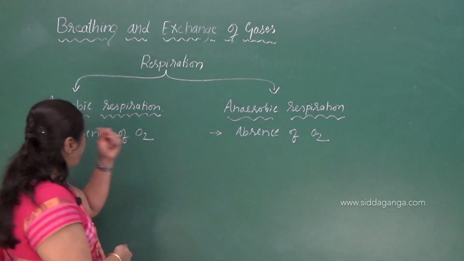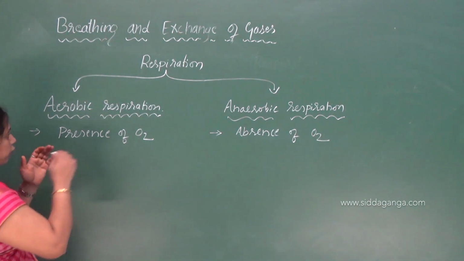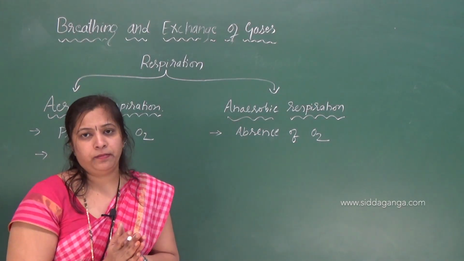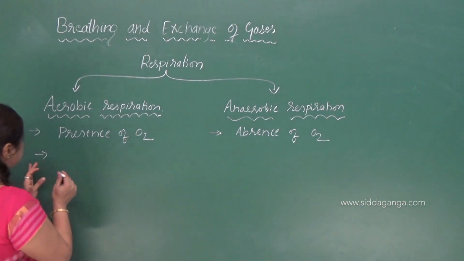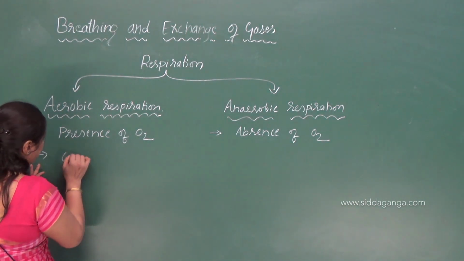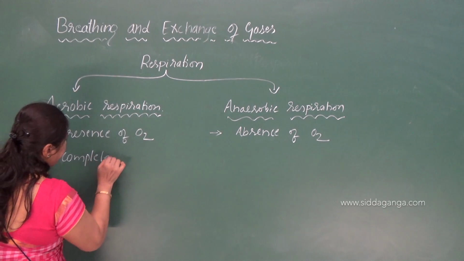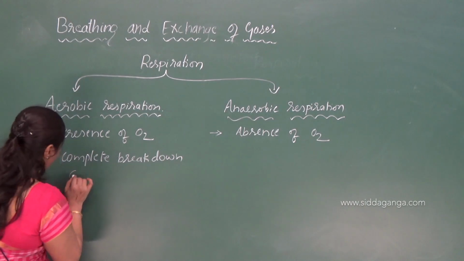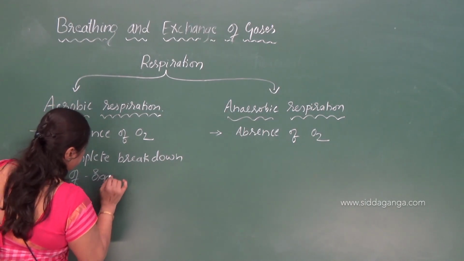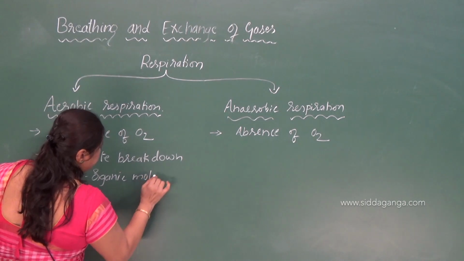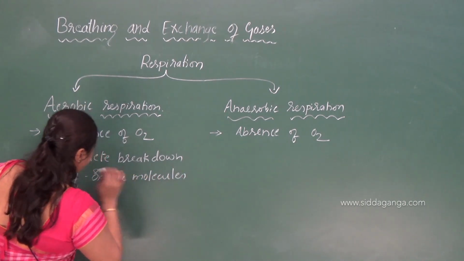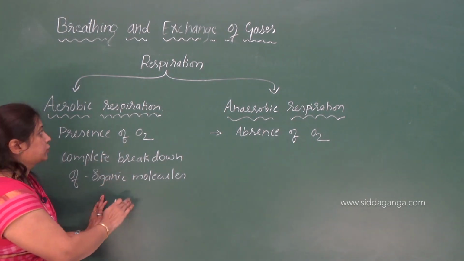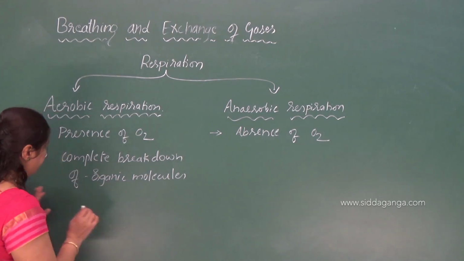See what happens in aerobic respiration. The organic nutrients are completely broken down, so there is a complete breakdown of organic molecules. Due to the complete breakdown of the organic nutrients, more energy is released in aerobic respiration.